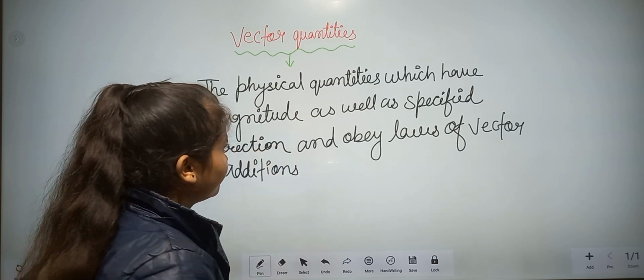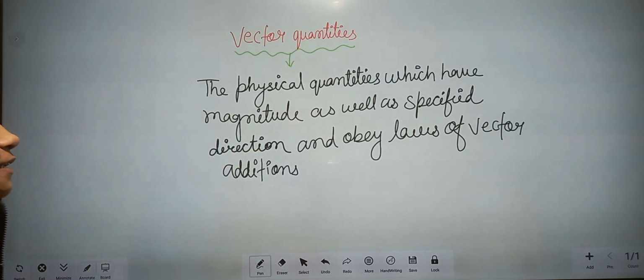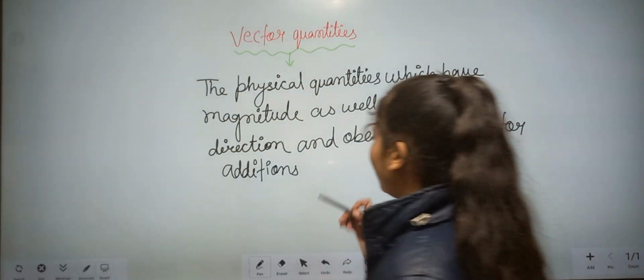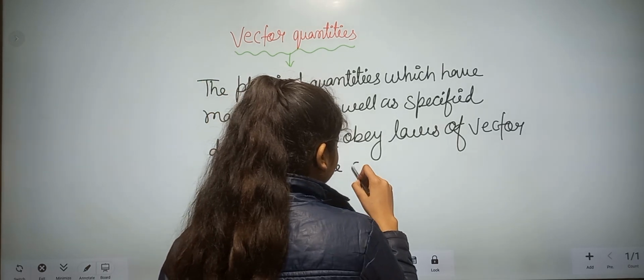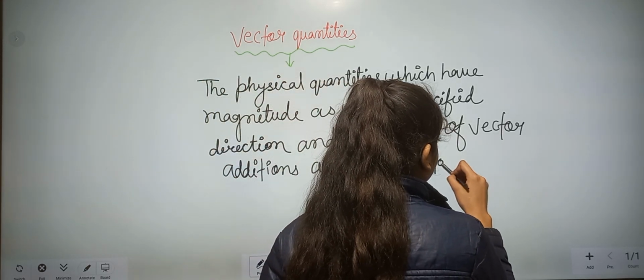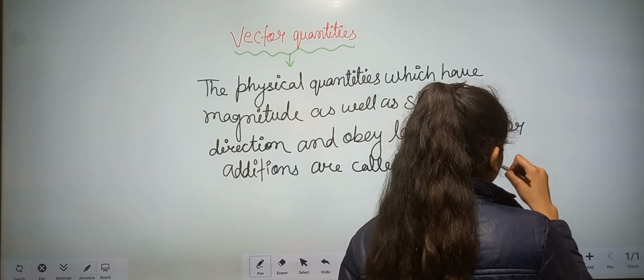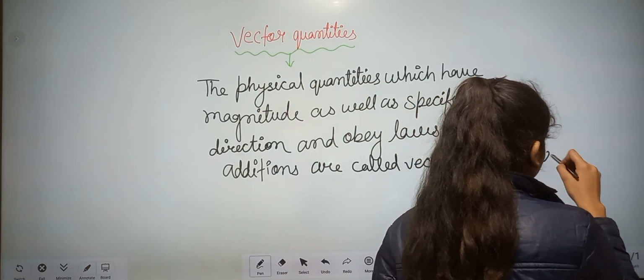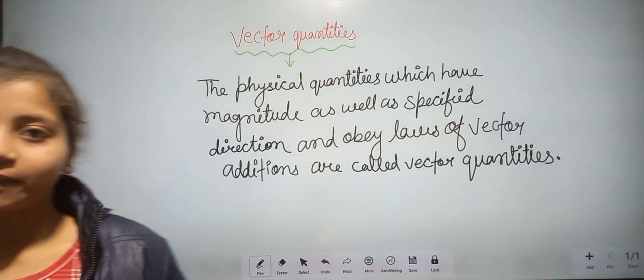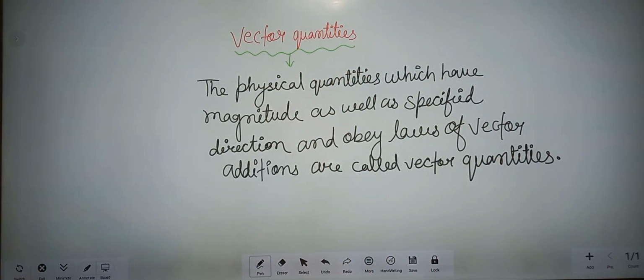The physical quantities which have magnitude as well as a specified direction and obey the law of vector addition are called vector quantities.